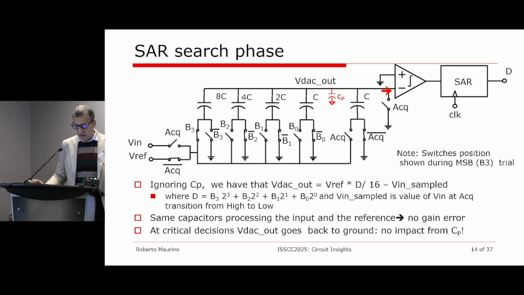What happens is that, again, this node goes back to 0. So that means that the voltage on CP is again 0. It means that you're back to the original situation. This capacitor hasn't delivered or absorbed any charge from this node, okay? So again, it doesn't matter. During a critical decision, it doesn't matter. And this allows you to get very, very high accuracy.